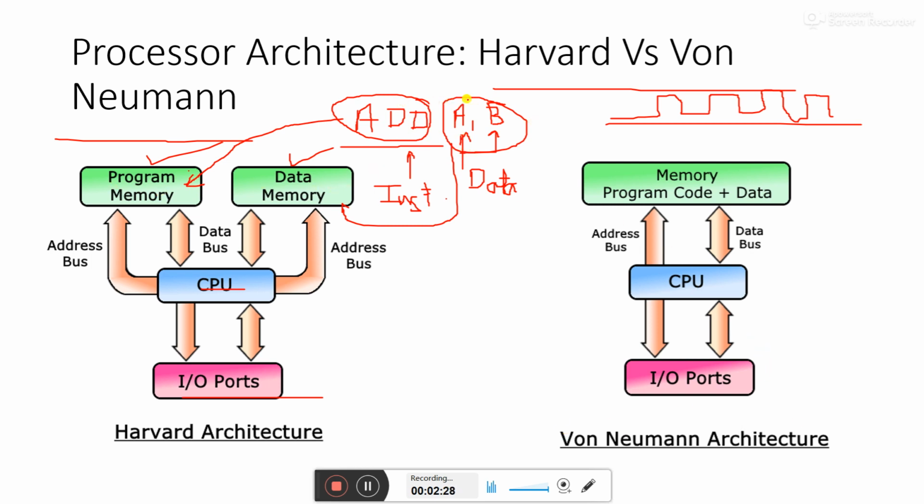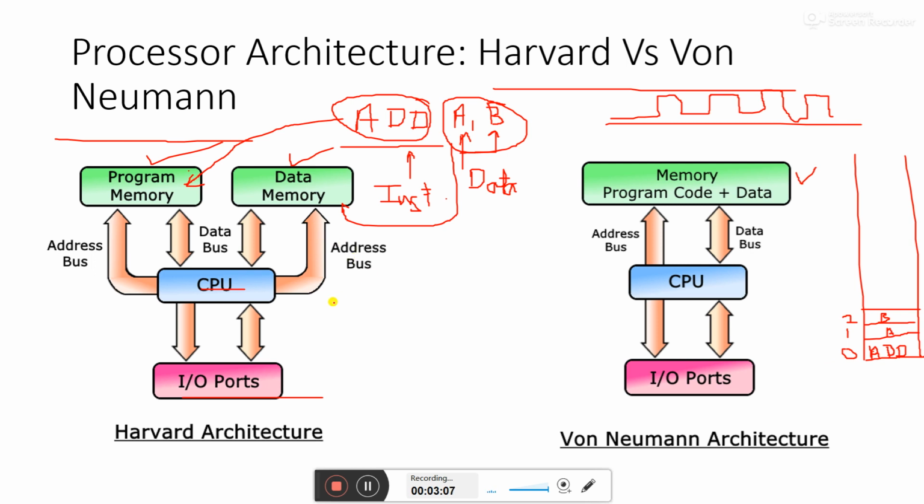While in Von Neumann, both things will be stored in a single memory. First, your instruction will be stored, meaning add will be stored here, right? Then the data will be stored in the next consecutive locations of the memory, meaning location 0, 1, 2.